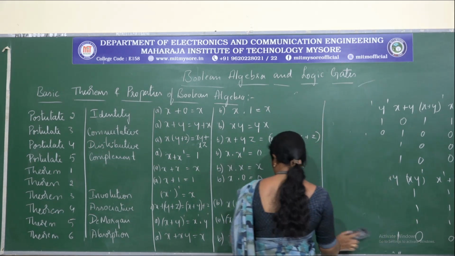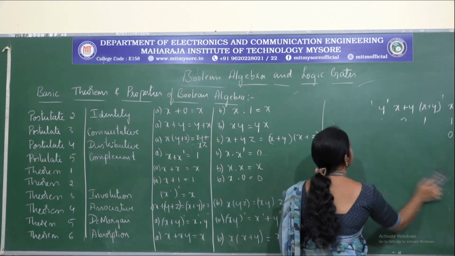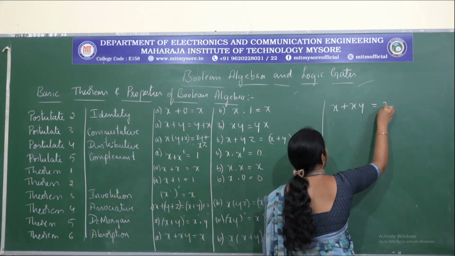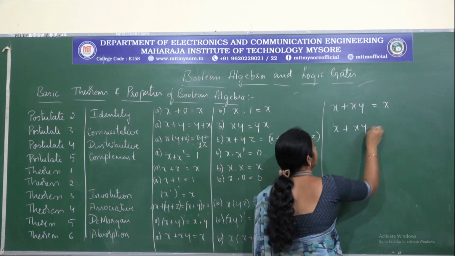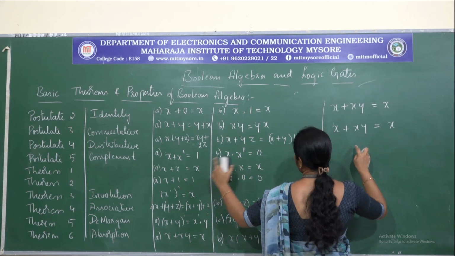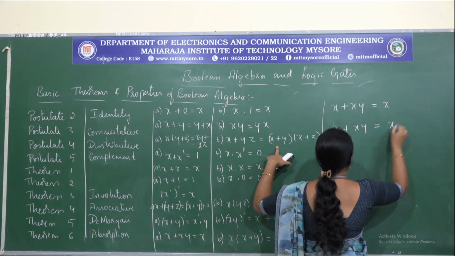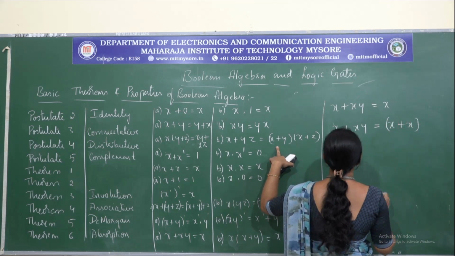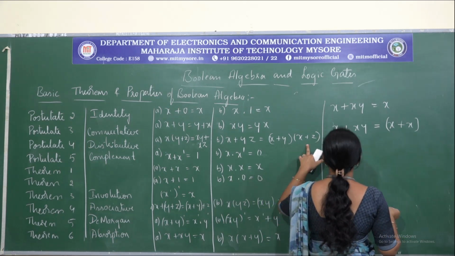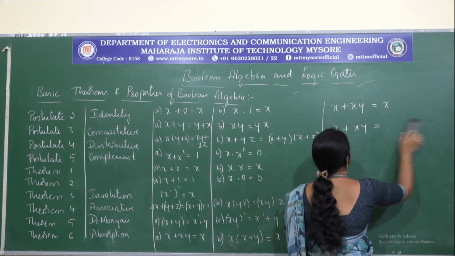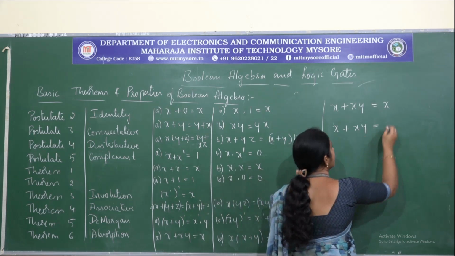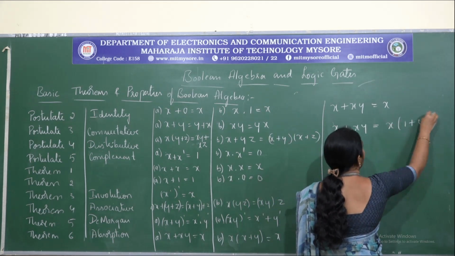We have x plus xy is equal to x. Let us consider the LHS. Using the distributive law, we can take out x as common and we will get x into 1 plus y.